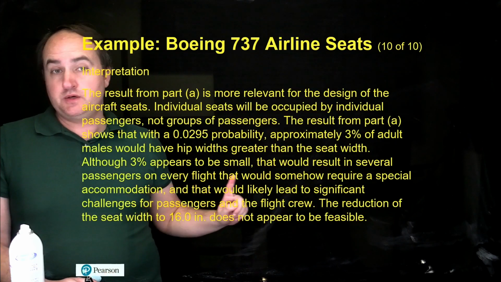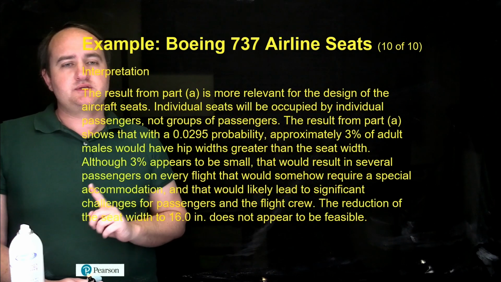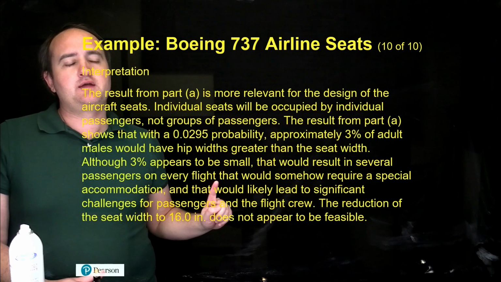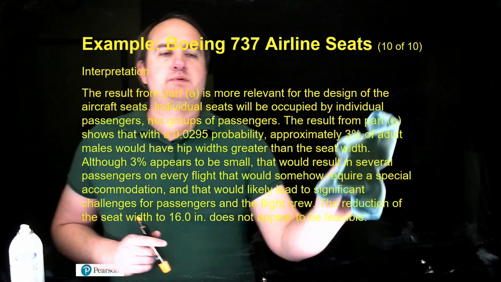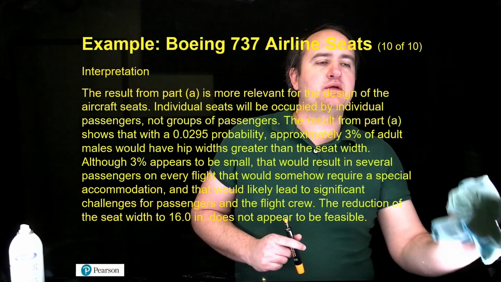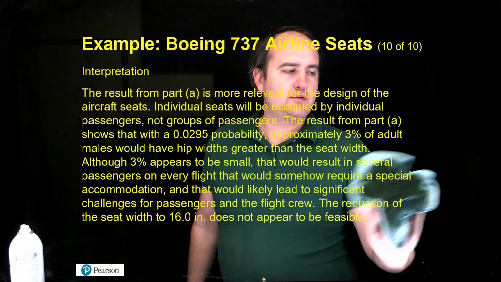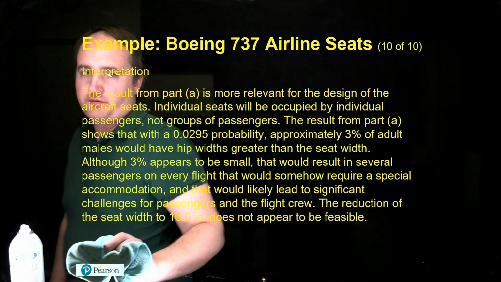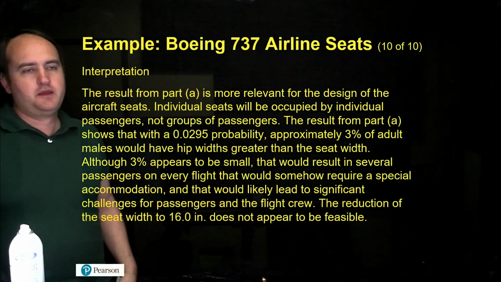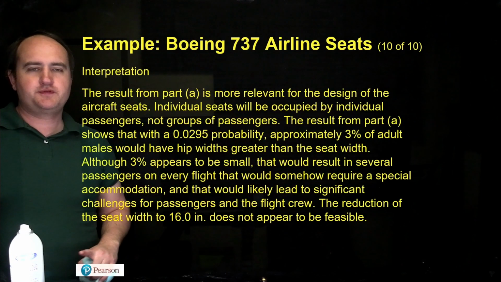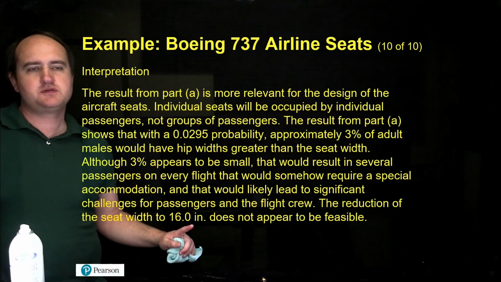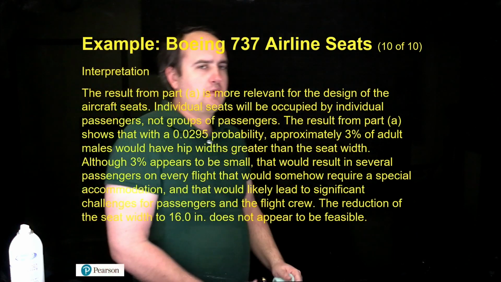Although 3% appears to be small, that would result in several passengers on every flight that would somehow require special accommodation, and that would likely lead to significant challenges for passengers and the flight crew. Wow, our book really has this all thought out. So the reduction of the seat width to 16.0 inches does not appear to be feasible.